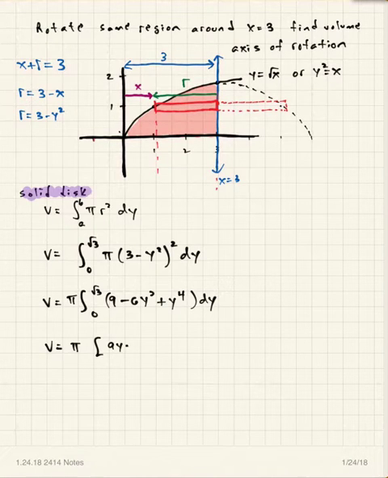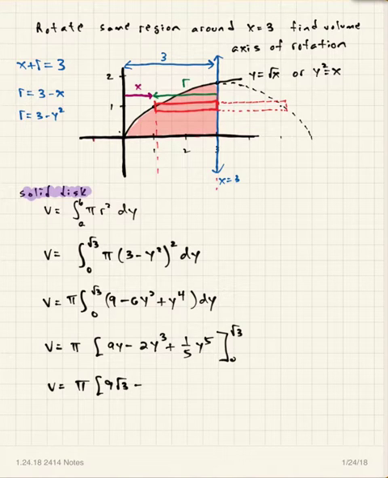So you'd have 9y minus 2y cubed plus 1/5 y to the 5th, and that would go from 0 to the square root of 3. The lower limit would be 0, so you don't have to worry about that. Upper limit, you get 9 square root of 3 minus 2 times the square root of 3 cubed plus 1/5 times the square root of 3 to the 5th power, like that.